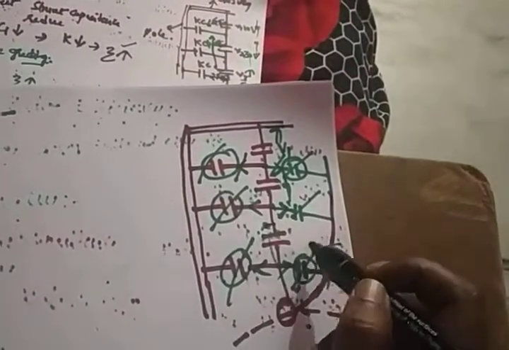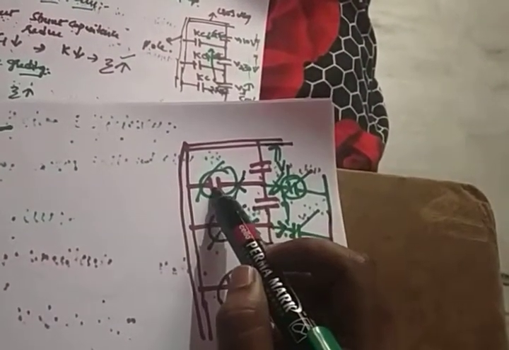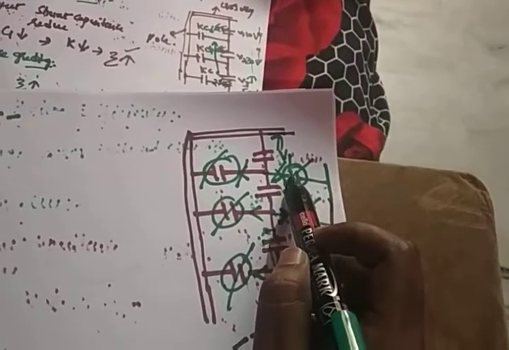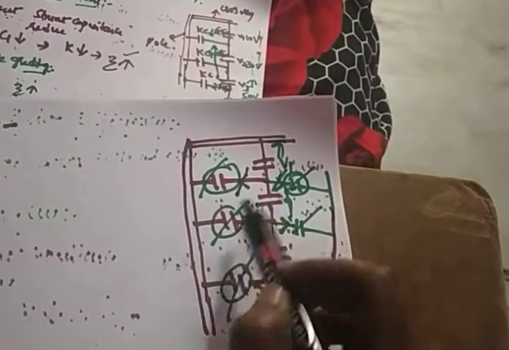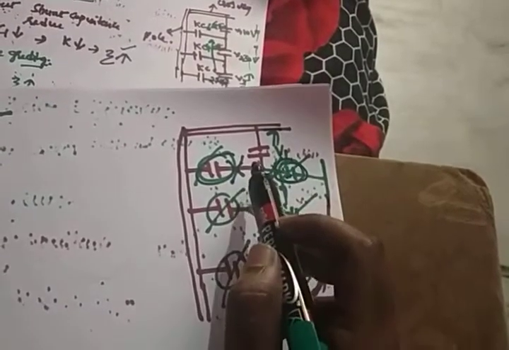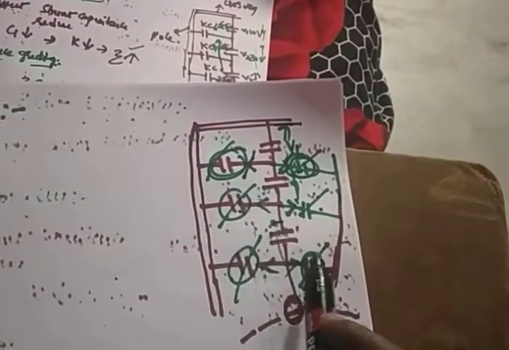When this type of capacitance exists, the current that flows through the shunt capacitance and the metallic capacitance should be the same and opposite. So these two currents are going to be cancelled out. If the two currents are cancelled out, that means these two capacitors are going to be ineffective. Similarly, these two capacitances are ineffective, and similarly these two.